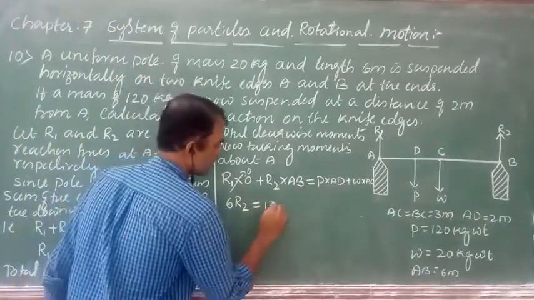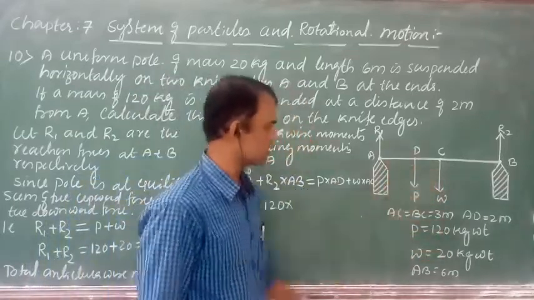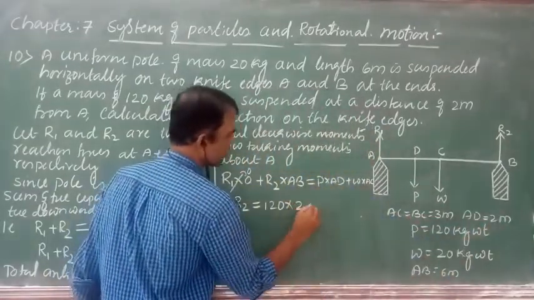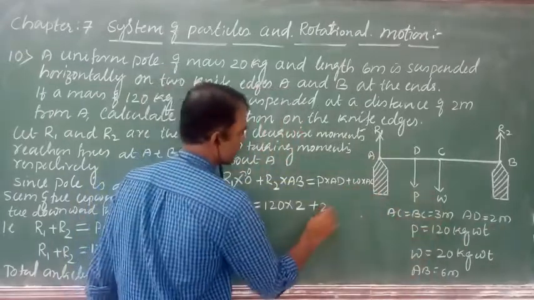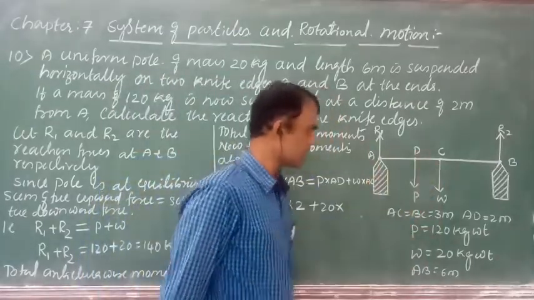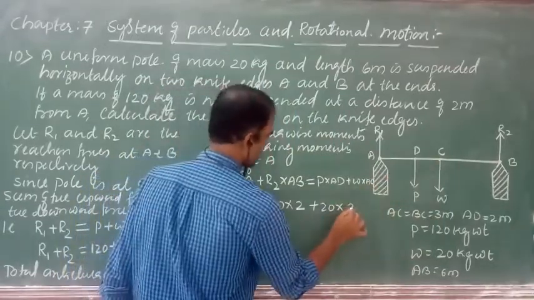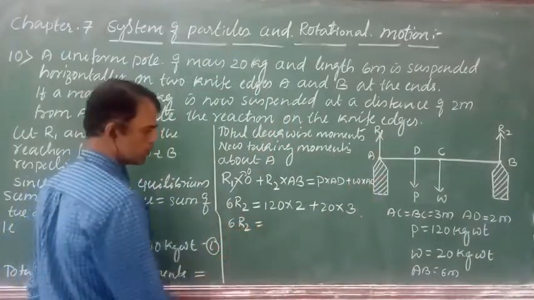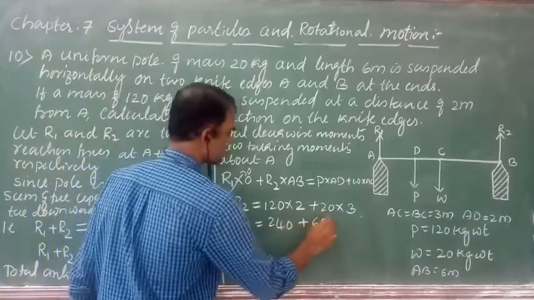P force is 120 kg weight into AD, which is 2 meter, plus W, that is the weight of the pole, which is 20, into this distance AC. AC is 3 meter, half of the length of the pole. That is 6 R2 is equal to 240 plus 60.